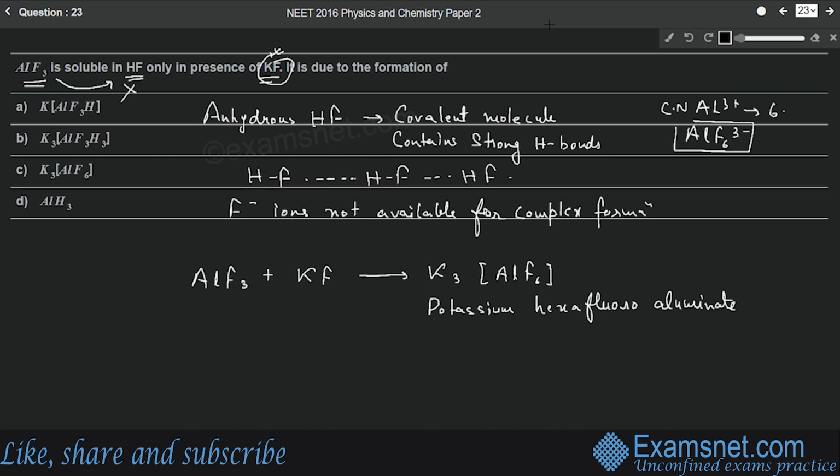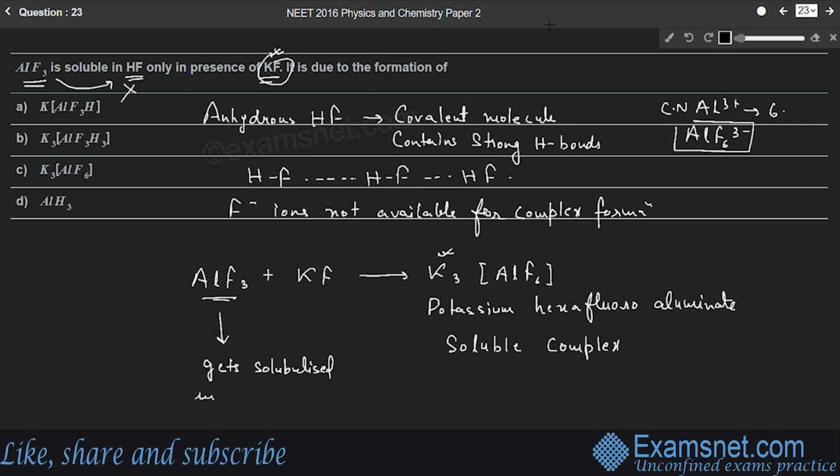Okay, and then when it reacts with potassium, it forms this complex, that is potassium hexafluoroaluminate, and this is a soluble complex. And due to the formation of this complex, aluminium trifluoride will get solubilized in hydrogen fluoride.